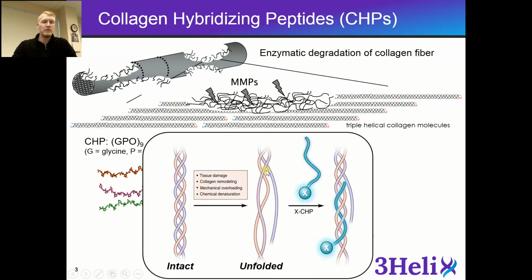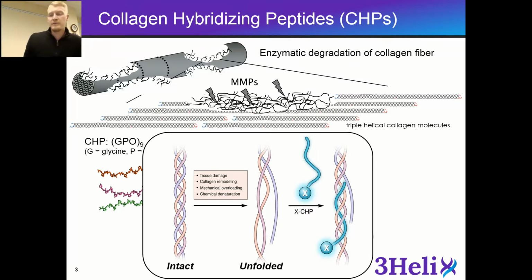Going back to our first example, we have a nice, healthy, intact collagen fiber, or collagen triple helix. It gets damaged and begins to unfold and unwind, and then we have a very small peptide sequence with a fluorescent probe or biotin on it that can go in and reform the collagen triple helix and stay bound in that state. This allows you to visualize regions where there's high collagen turnover or high collagen remodeling.